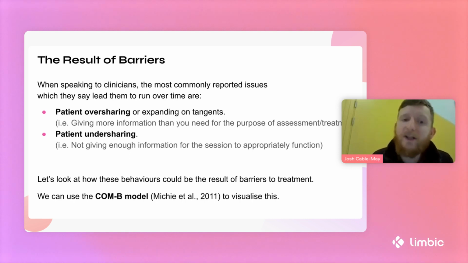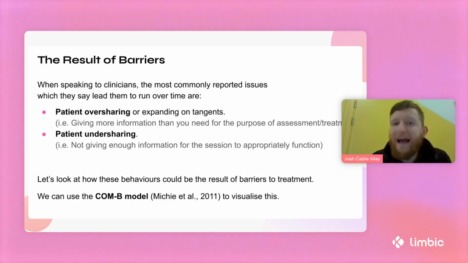We've then got opportunity factors at the bottom, which is easier to think of as external to the patient, to the world around them. So in their environment, what is making it more likely or less likely that that behaviour will take place? That could be things like the people they have around them. We know that if patients have supportive people around them, they're more likely to get positive outcomes in therapy.